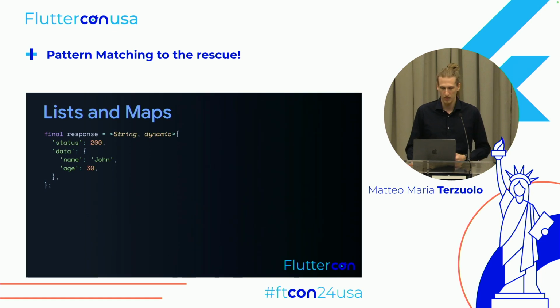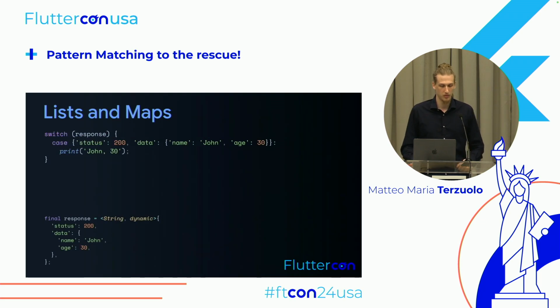Now with maps. That's a really normal response from a backend. We have a name, we have an age, and a status. We can switch, for example, on specific data inside our map. So in that case, it's going to enter our branch only if everything is matching with the values inside the map.